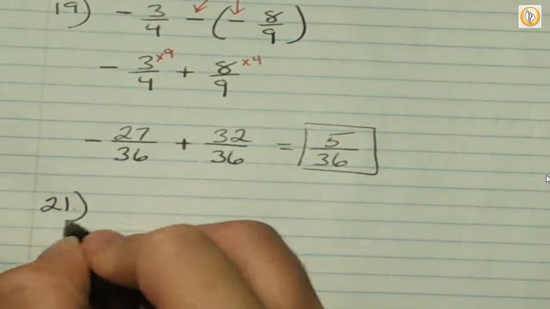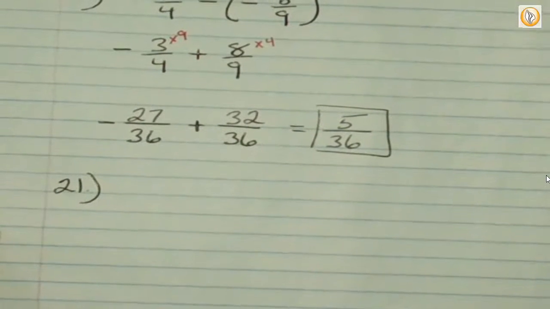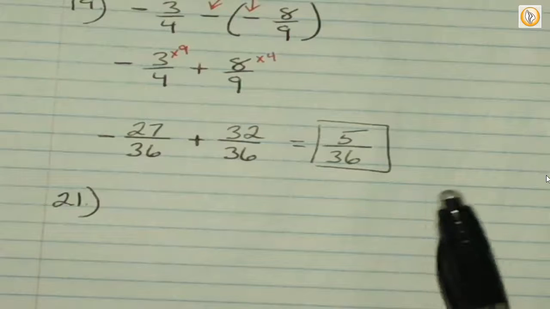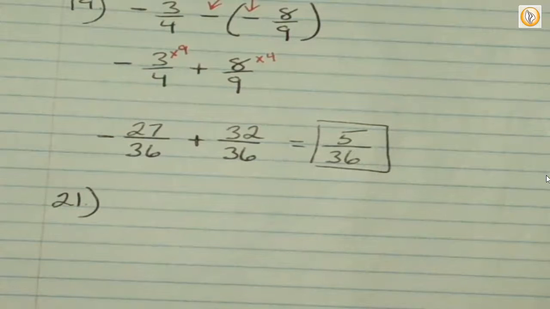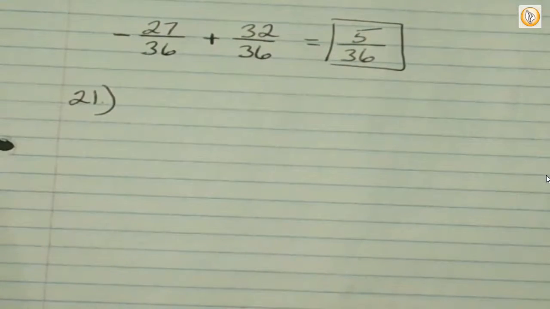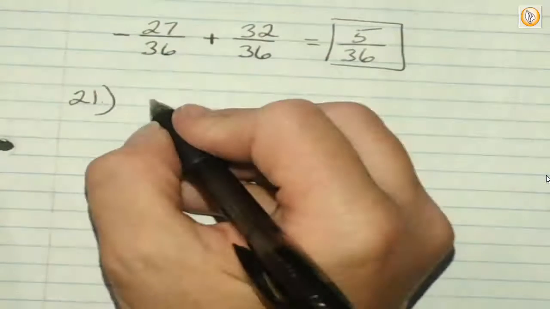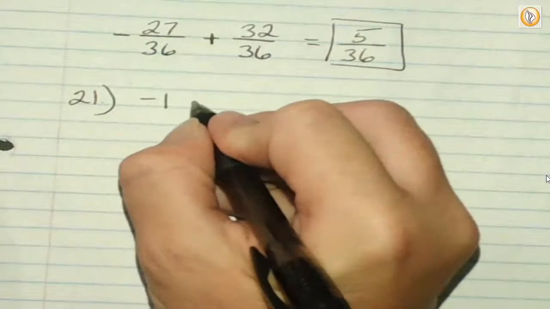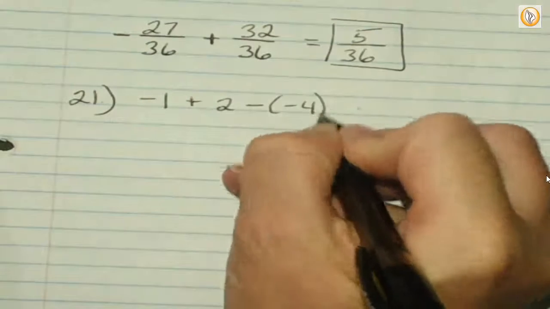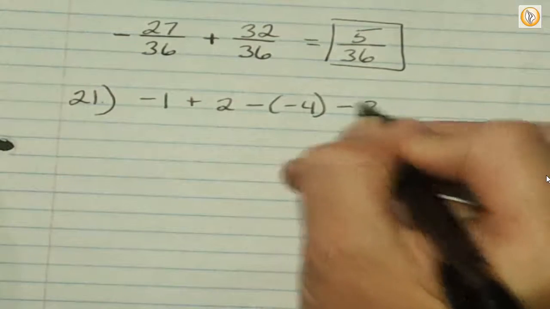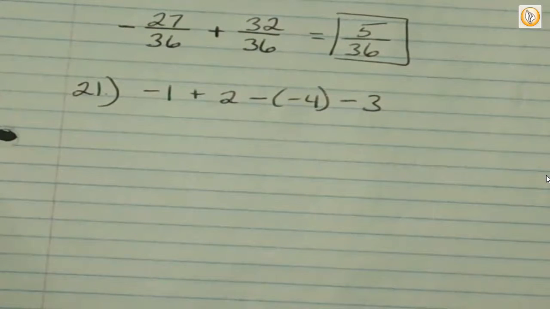Two more and I'm setting you free. Put your pencil down when you have finished copying 19 so I know that you've finished. Okay, let's start doing 21. Michaela: negative 1 plus 2 minus 4 minus 3 minus 1.